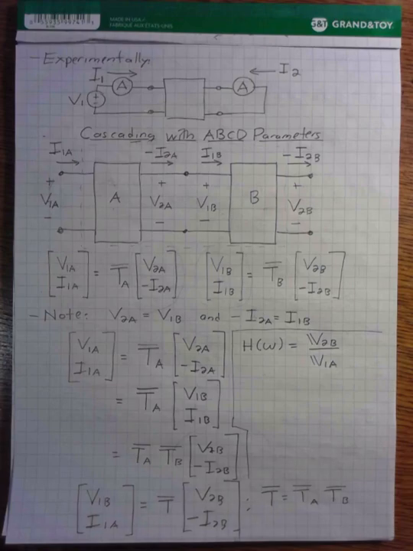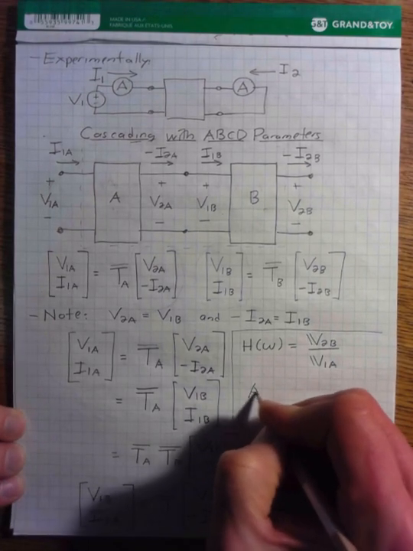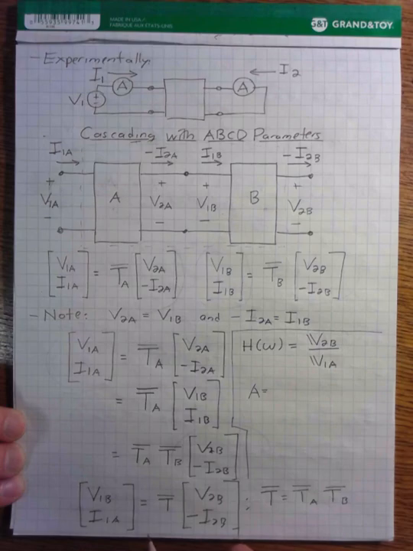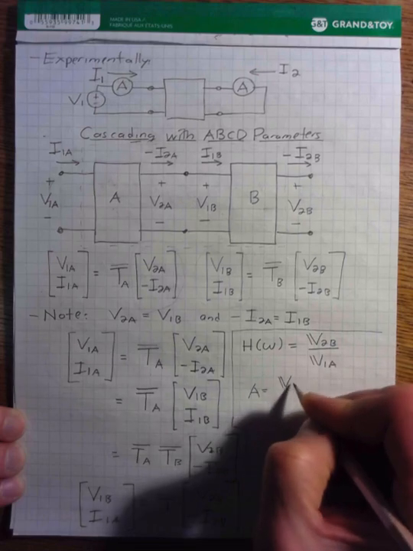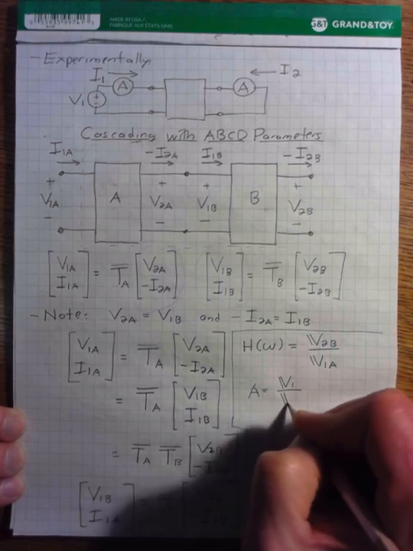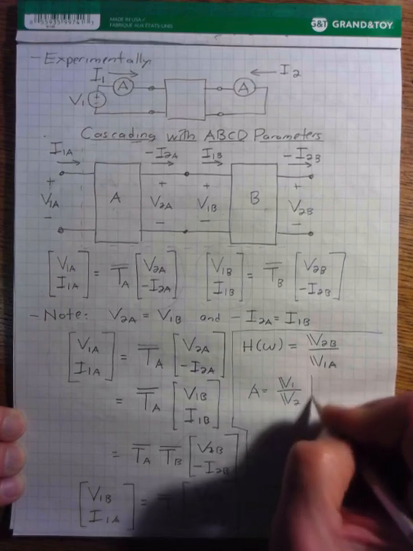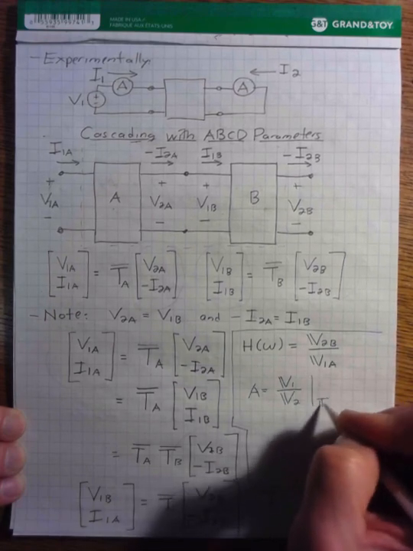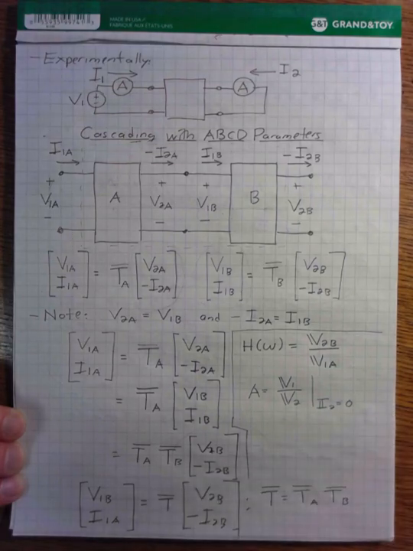And so how do we do that? Remember that our definition for the parameter A was basically a voltage ratio, right? So A was equal to the voltage at our input divided by our voltage at our output, provided that we had no current flowing through our output port.